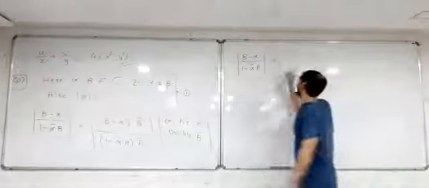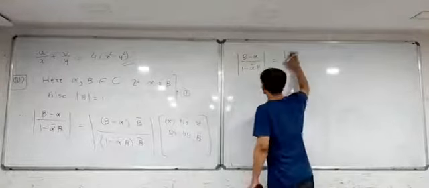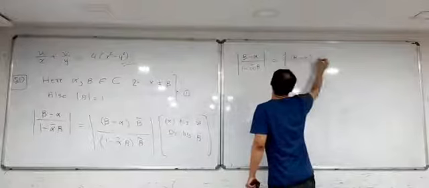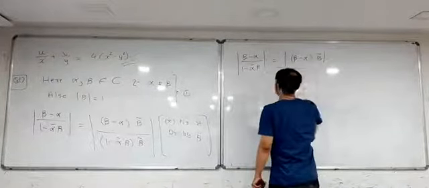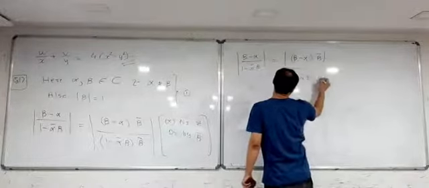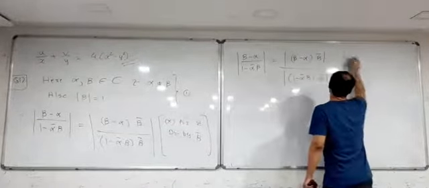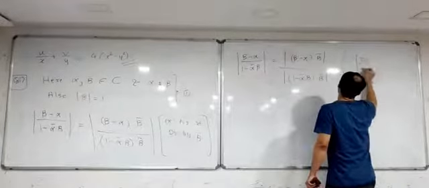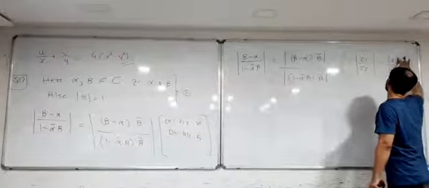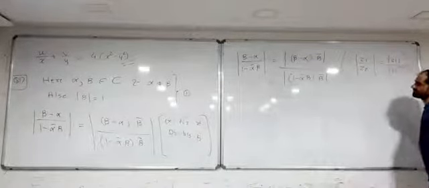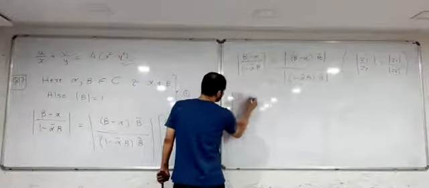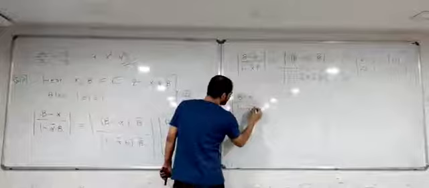In the numerator, put the magnitude of (beta minus alpha) into beta bar, whole upon the magnitude of (1 minus alpha bar into beta) whole into beta bar. Because magnitude of z1 upon z2 is magnitude of z1 upon magnitude of z2, that we apply in the RCS.